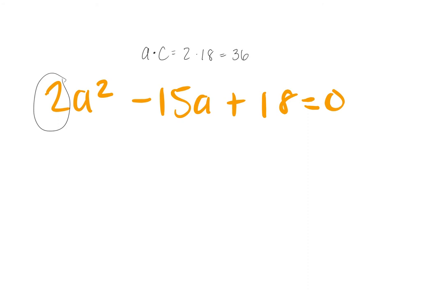Very good, 36. So we've got 36 is the number that we need to get multiplied. That's our product. So something times something equals 36, and something plus something equals negative 15, because this is where we're using our b.